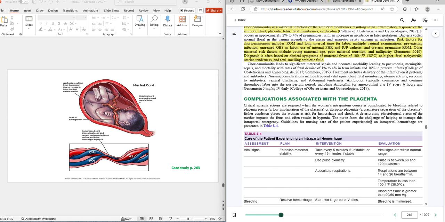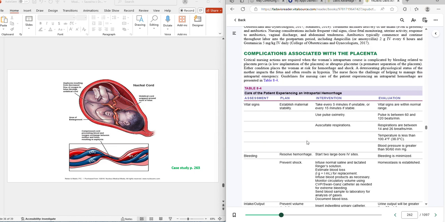All right, so intrapartal hemorrhage, complications with the placenta. So what we do is called EBL, estimated blood loss, or QBL, quantitative blood loss, and this is where we measure the amount of blood that comes postpartum. So we're weighing pads, like Chux pads, Peri pads.